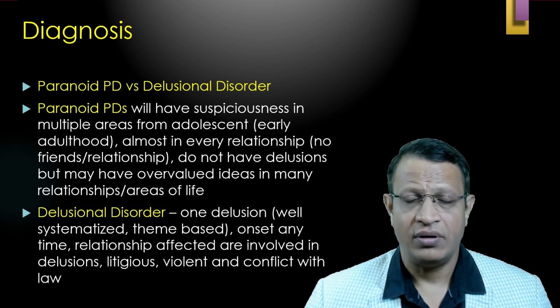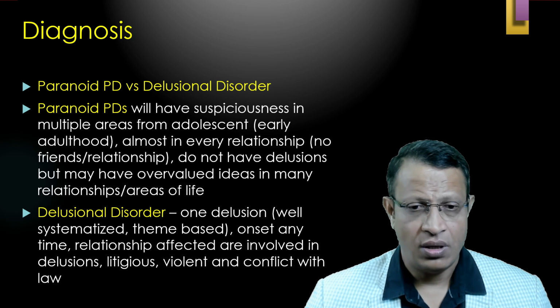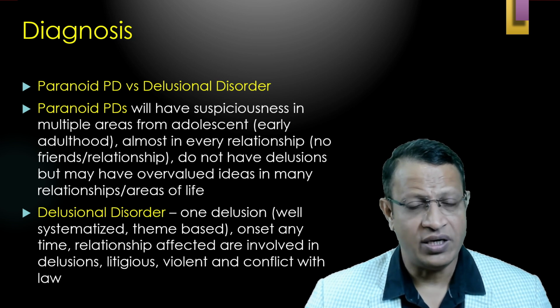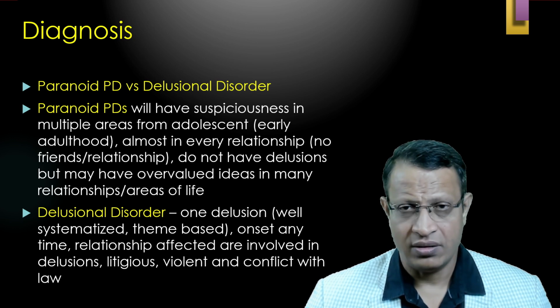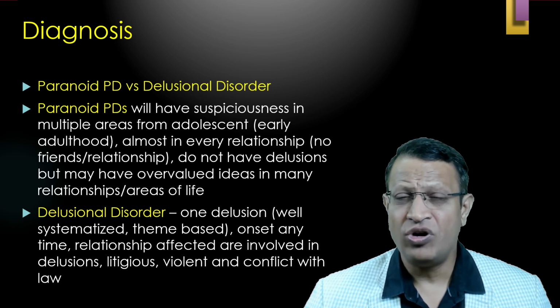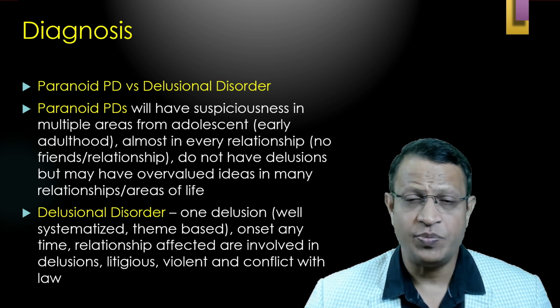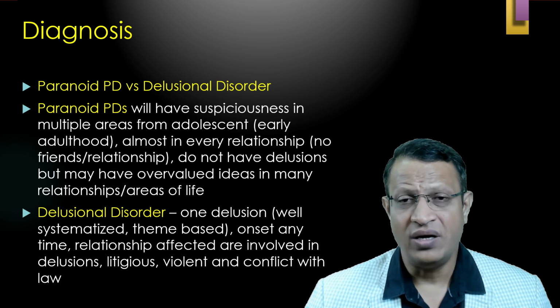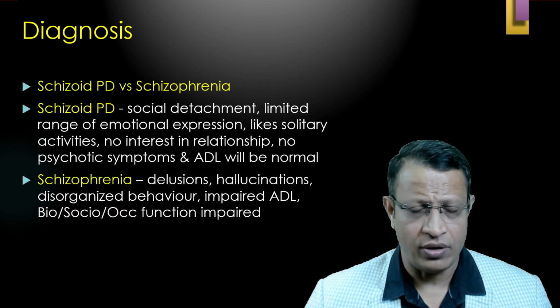They will invariably have conflict with regard to the delusion. They are violent sometimes, litigious, and conflict with the law is very common here. If you are able to neglect that one delusion, you may not find suspiciousness in other areas, whereas the presence of one delusion indicates delusional disorder.